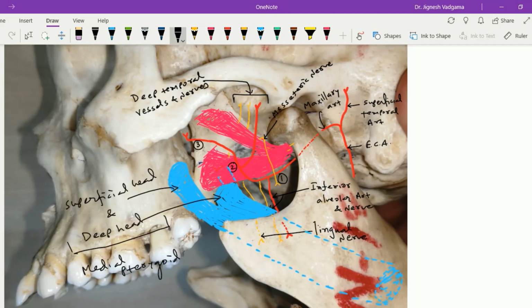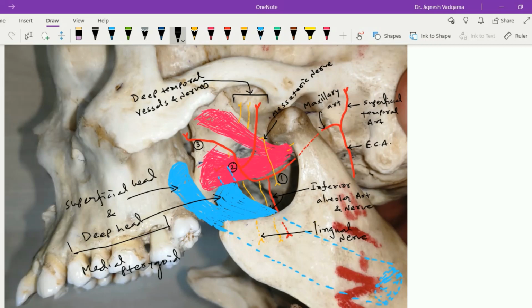So this medial pterygoid muscle arises from the superficial head and deep head, and both heads fuse with each other and pass medial to the ramus of the mandible, downward, backward and laterally to insert at the medial surface of the angle of the mandible.